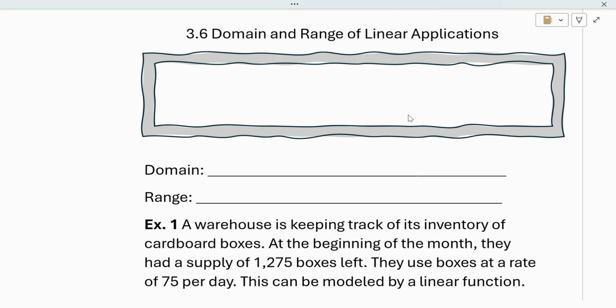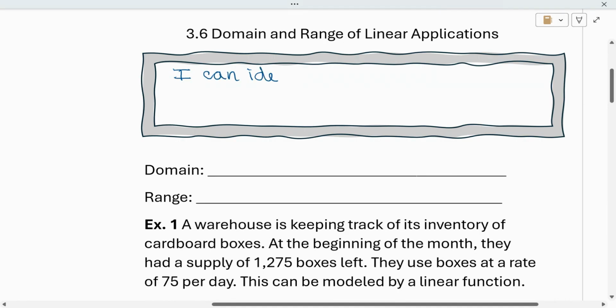Okay. So, I can identify an appropriate domain and range for a linear function in context. It should be at the beginning. Remember we talked about skipping a page? I can identify an appropriate domain and range for a linear function in context, and predict values based on a linear scenario.